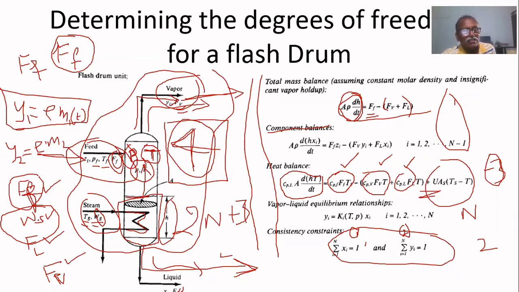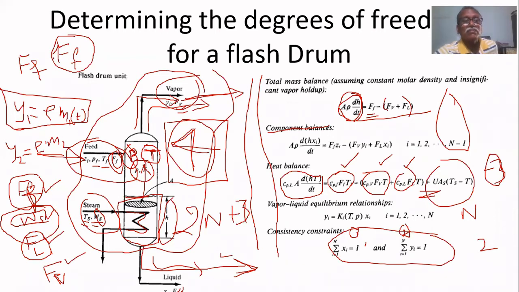That's why WS can be used to manipulate both P and T. And is it possible to increase the liquid flow rate? Yes, because if you increase this WS, it is separated quickly. That's why you can take more liquid flow rate out.